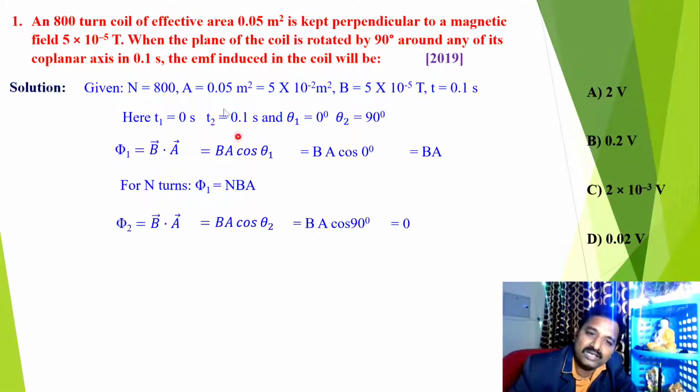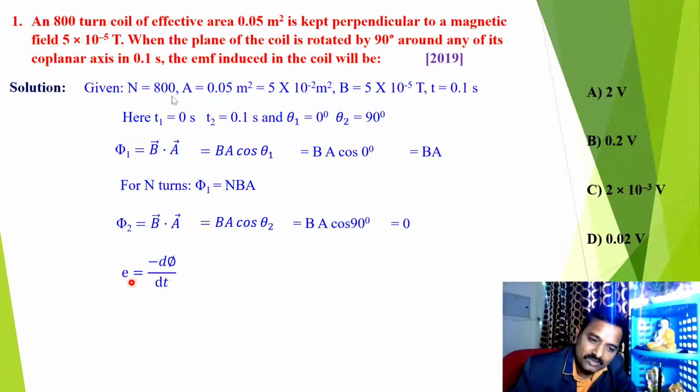Now we have to calculate the EMF induced in the coil. The formula for EMF induced in the coil is E is equal to minus d phi by dt. From Faraday's second law, you know that E is equal to the rate of change in magnetic flux.